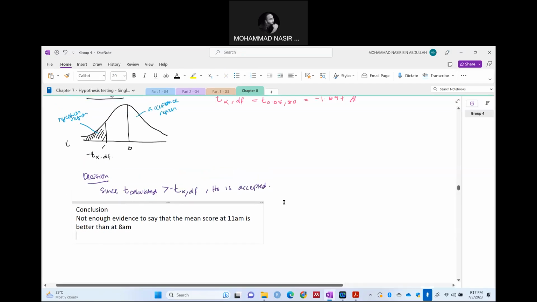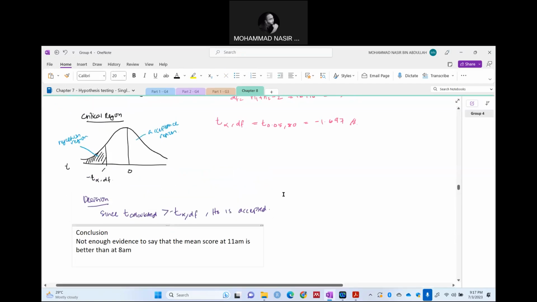So we accept the null hypothesis. It means that we cannot say that the mean score of the class at 11 a.m. is better than 8 a.m.